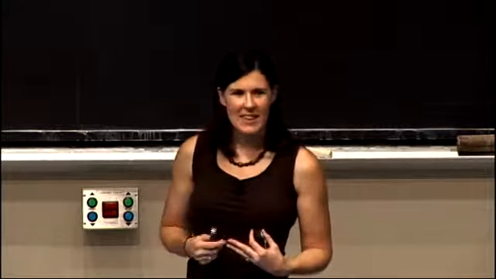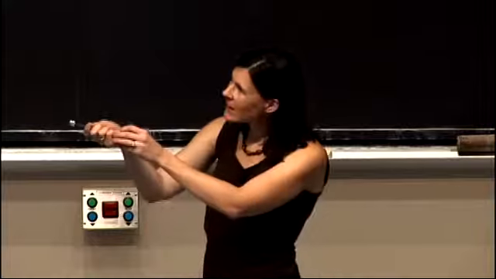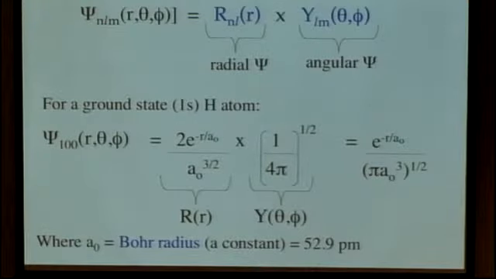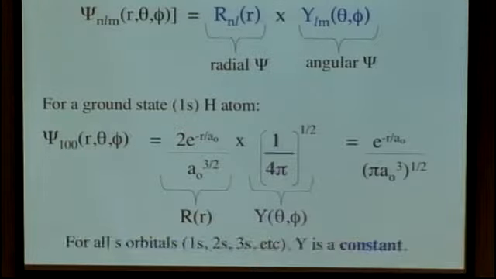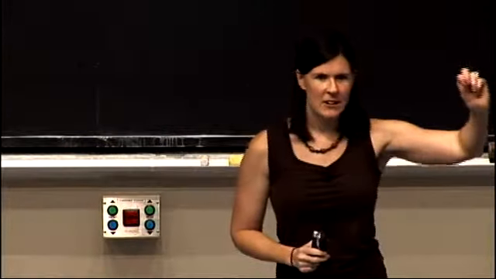The more important thing that I want you to notice when you're looking at this wave equation for a 1s atom is the fact that if you look at the angular component of the wave function, you'll notice that it's a constant. It doesn't depend on theta, it doesn't depend on phi. No matter where you specify your electron is in terms of those 2 angles, it doesn't matter.